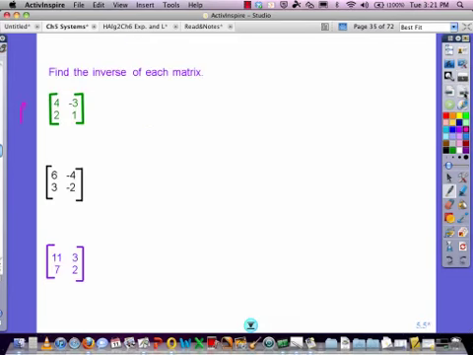So it says, find the inverse of each matrix. And if we have our matrices here, the first thing is you must use that determinant. So remember our determinant, I'll write it up here, AD minus BC. Left diagonal's product minus the right diagonal's product. So you start thinking, all right, left diagonal, 4 times 1 is 4.